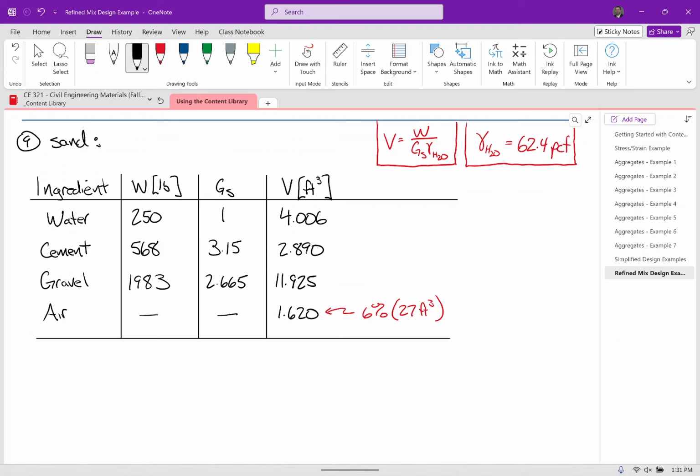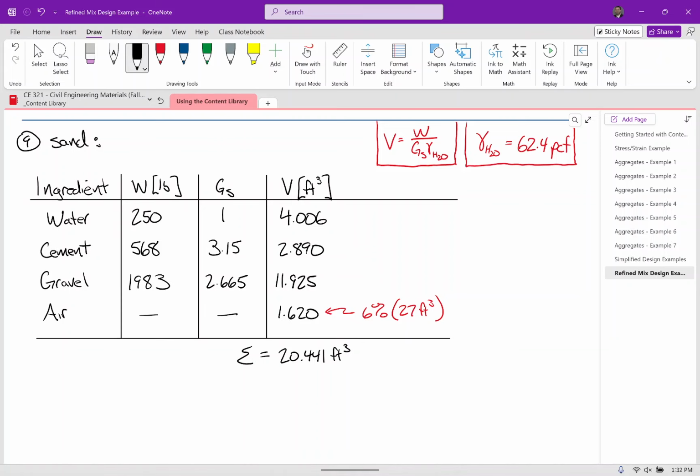So how much volume does all this occupy? 20.441. So the water, cement, gravel, and air occupy this much volume.